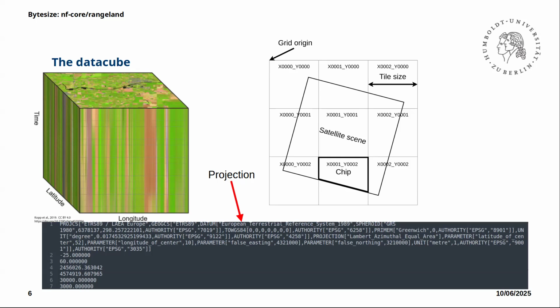And the data cubes always have a single projection, which all the data is projected towards so that we can have a common analysis. We have the grid origin, the coordinates for that, and both the projection and the latitude and longitude, and we have the tile and block size. Block size is something that is internal to this FORCE tool, so we don't need to care about this. So I don't need to explain it right here.